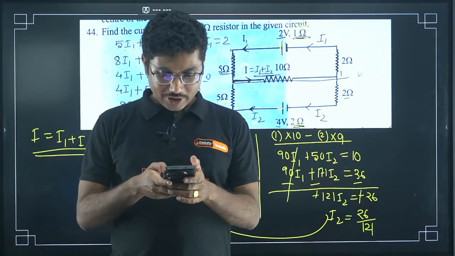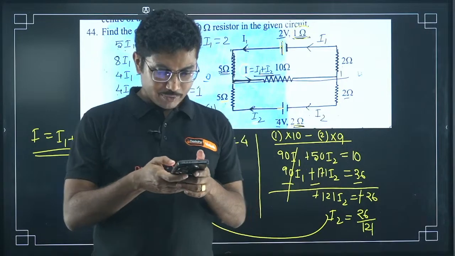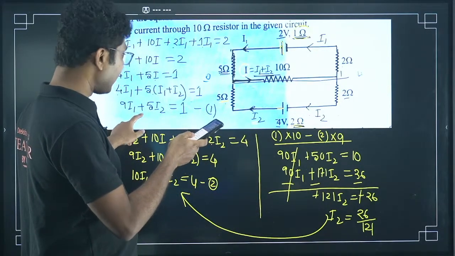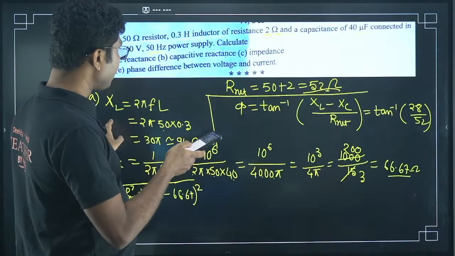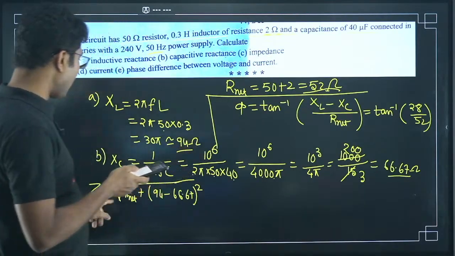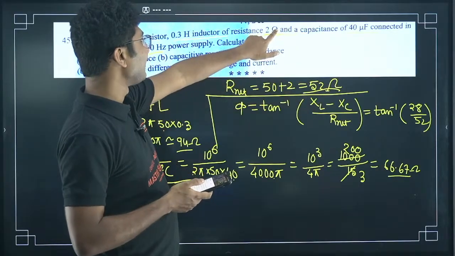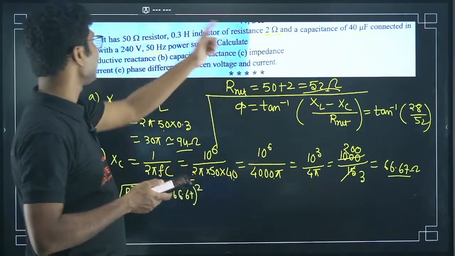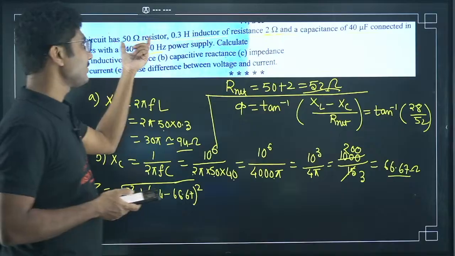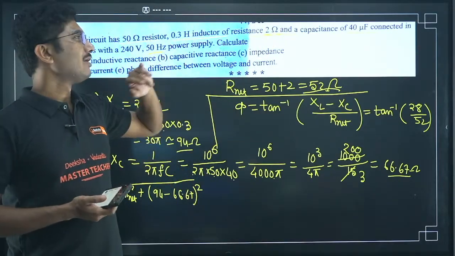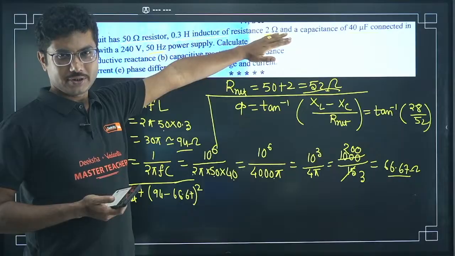Sir, for the last question, the numerical value, for R we substitute, should we find the equivalent resistance? Yes, you have to find the equivalent resistance, which is 52, because it is given as 2 ohm resistance of the inductor and the circuit has 50 ohm resistance, so you have to add these two. But I guess this is a very exceptional question.